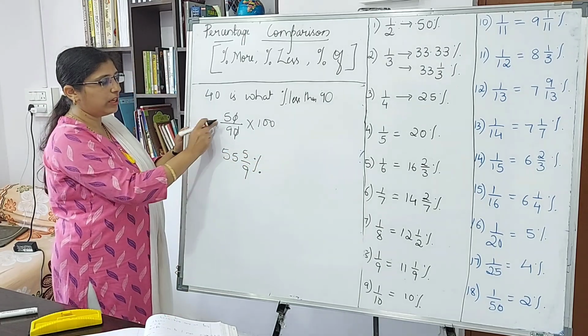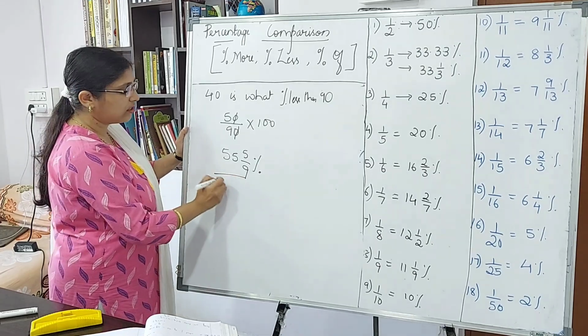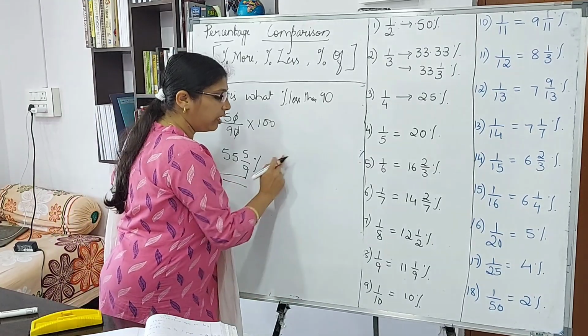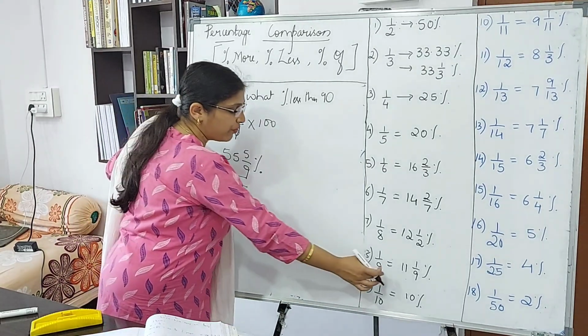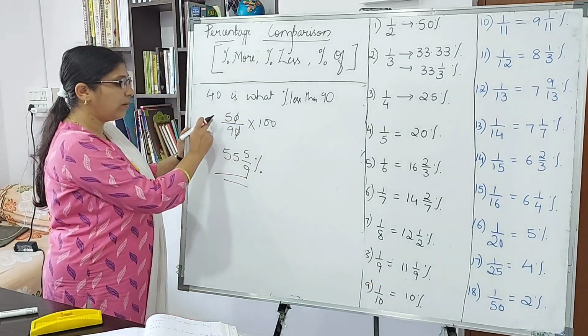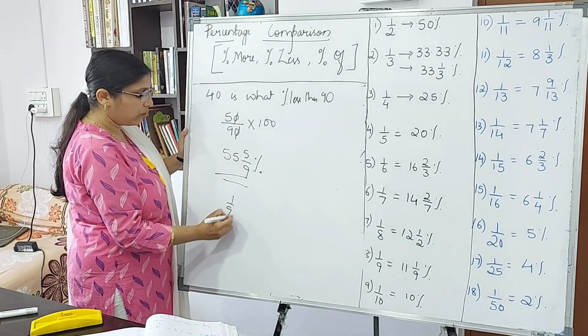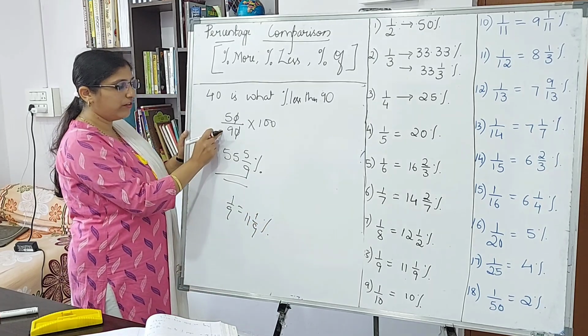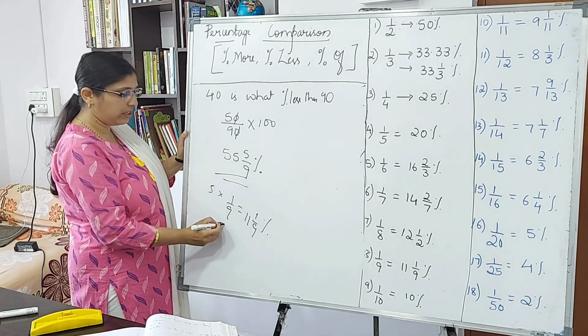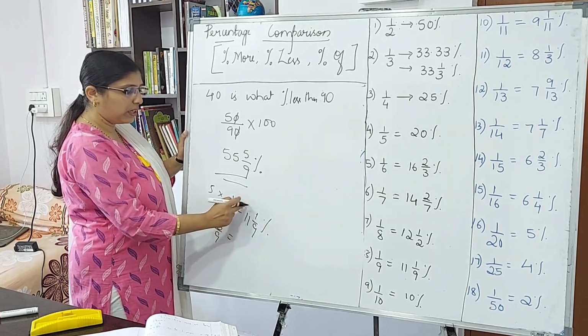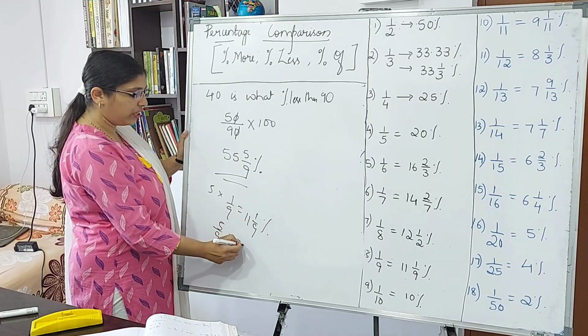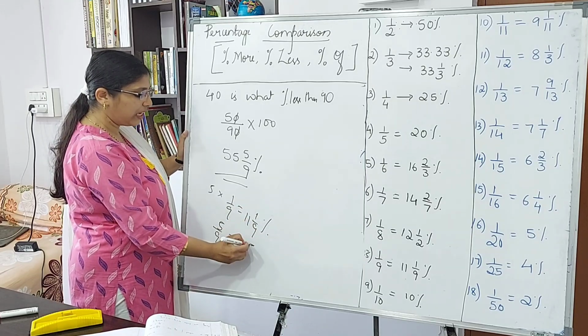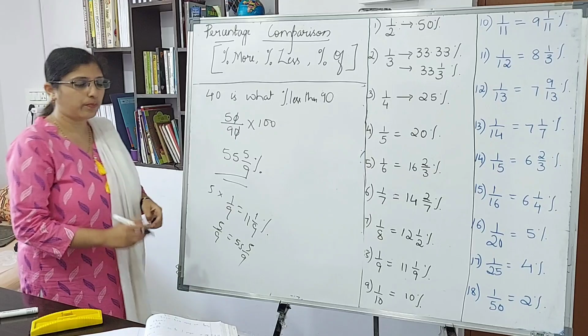Directly by looking at it you can write the answer. No need of dividing. Okay. So if you knew this fraction, that 1 by 9 is equal to 11 1 by 9%, directly you could have done it. When will you get 5 by 9? By multiplying with 5, isn't it? So 5 by 9 is equal to, multiply here also, 11 into 5 is 55, and multiply the fraction also, 5 by 9%.